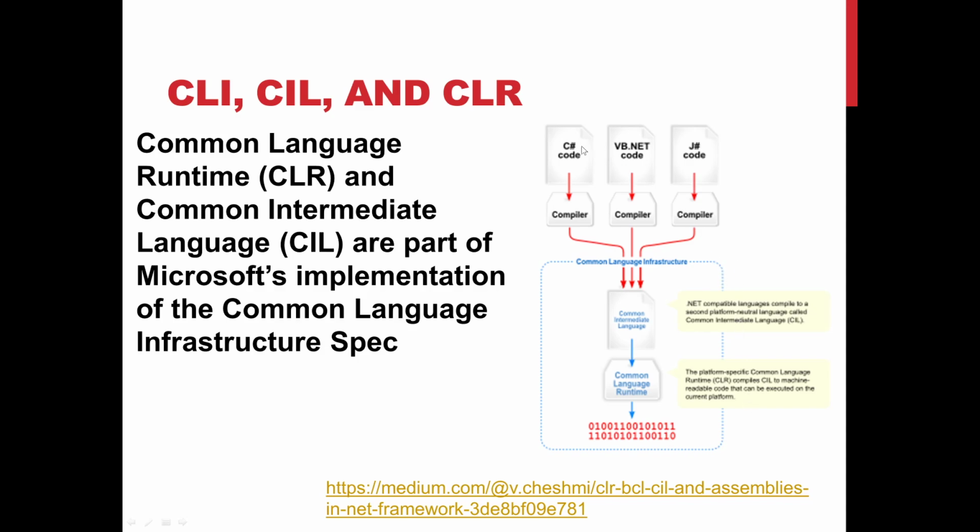So if you imagine, it's like an expanded version of Java. If you're familiar with Java at all, you have the Java virtual machine, which functions sort of like the common language infrastructure, but in the case of Java, it's only for Java code to run on the Java virtual machine.